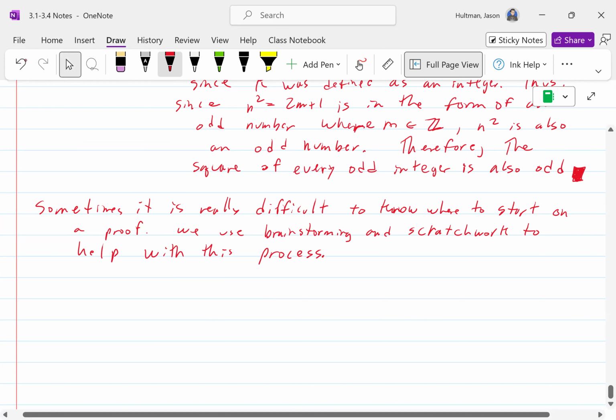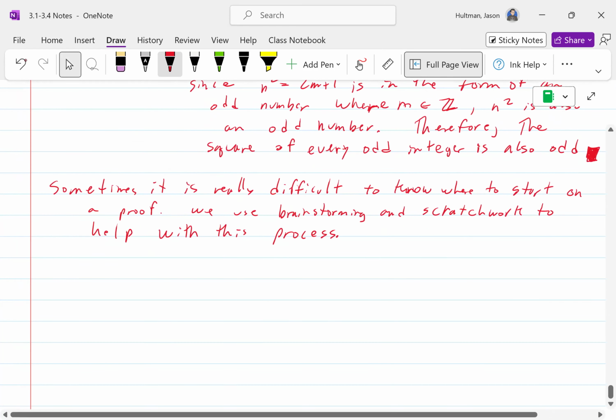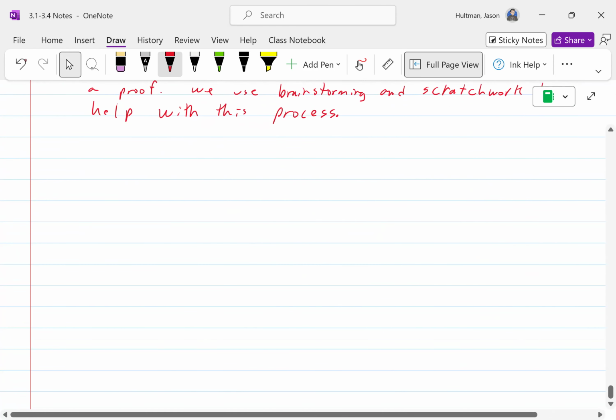So let's do another proof here. Example 2. Prove the following theorem.